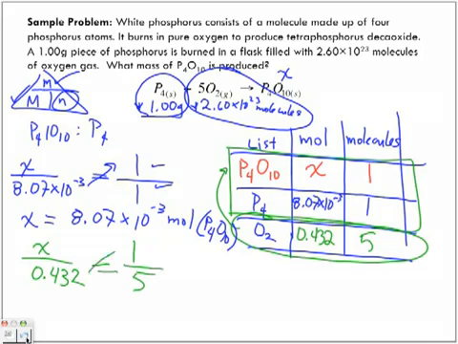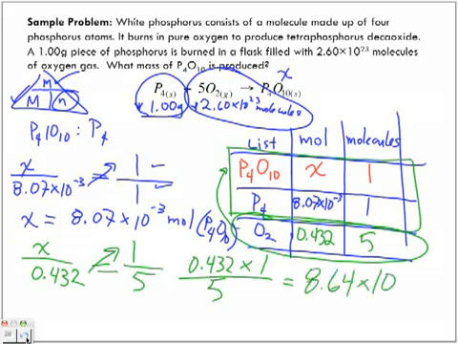So we cross multiply, and we're left with 0.432 times 1 over 5. When we multiply those two together, we get 8.64 times 10 to the power of negative 2 moles. I put this in scientific notation.